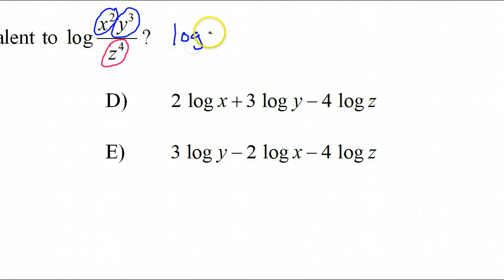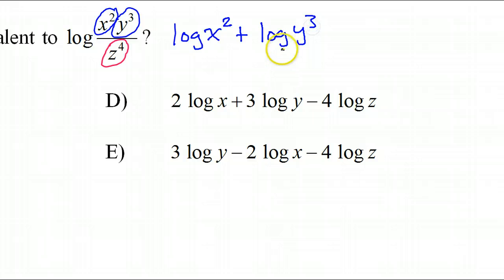I will have log x squared. Keep it positive. Now the next one, plus log y to the third power. Both of these are positive. Now the last one, because it's from the denominator, I will make it a negative term. So minus log z to the fourth power.